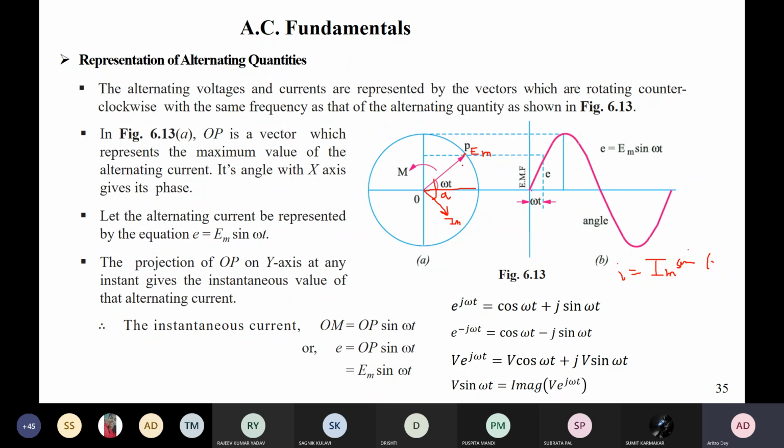The arrow gives the direction, the sense with which it is rotating. If this is rotating counterclockwise, your current will also rotate, and it will achieve its peak somewhere here after the angle alpha. This is how you can represent the phasors.